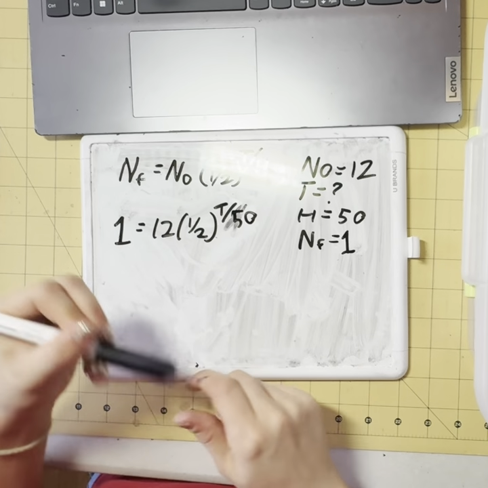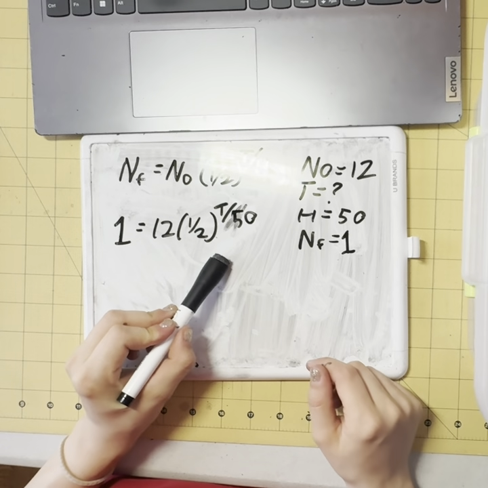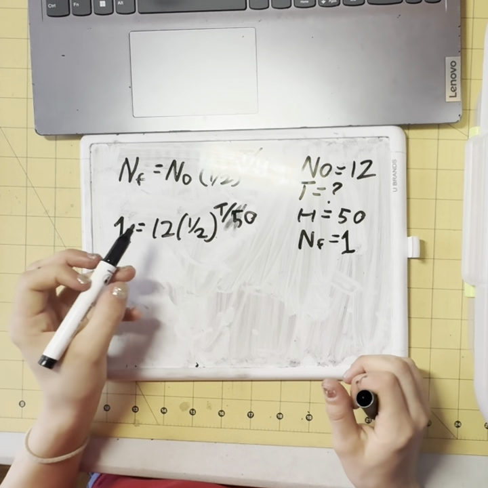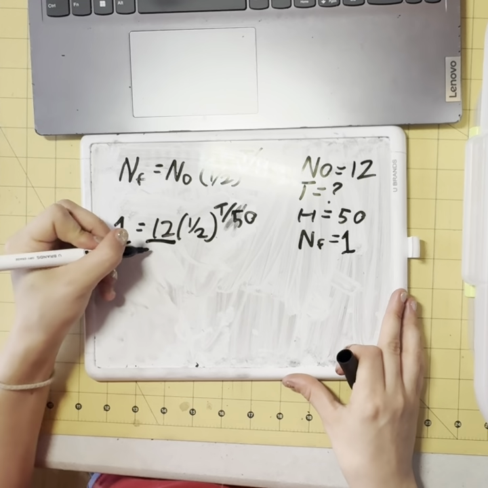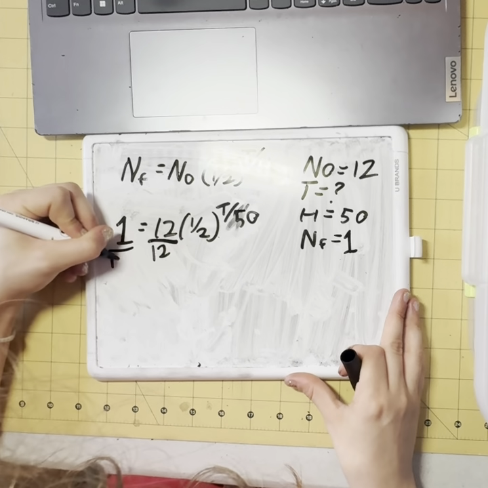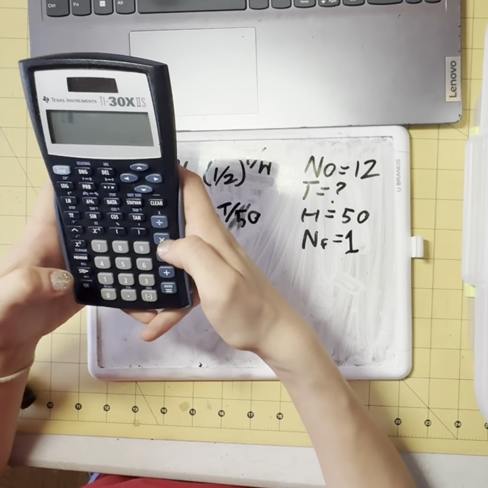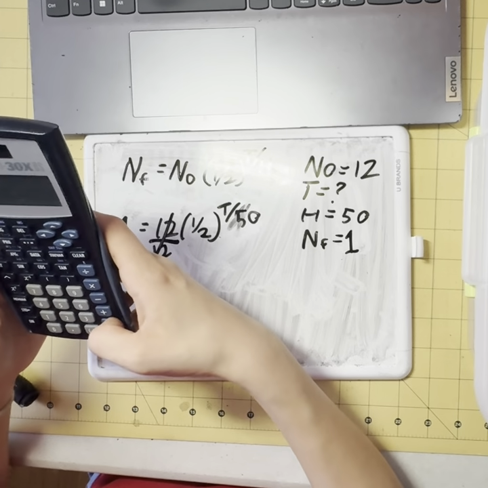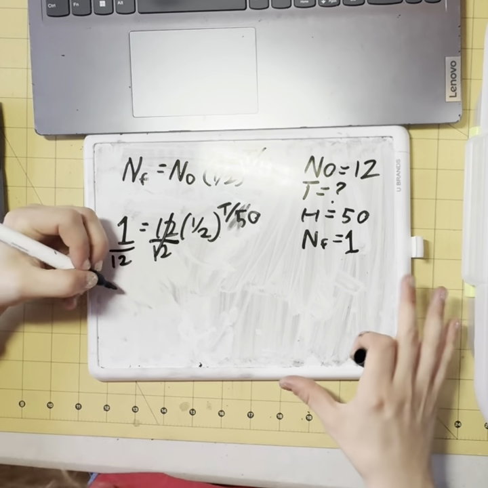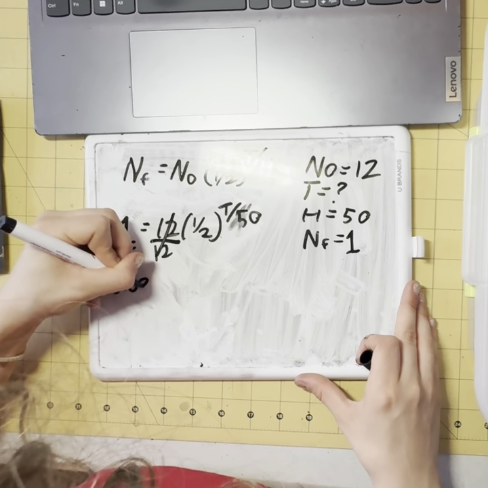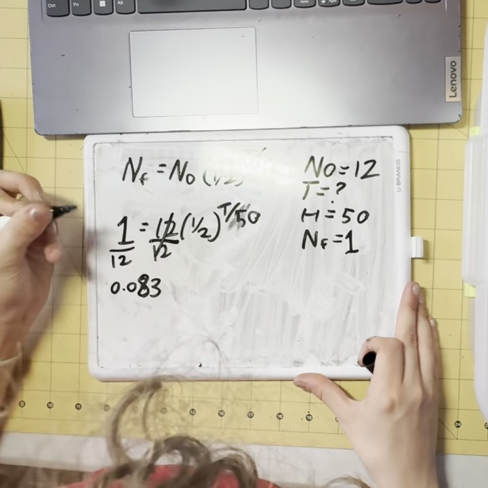Personally, we want to get T by itself. So what I'm going to do first is get rid of the numbers that I know I can get rid of. So I'm going to divide both sides by 12. Cross this out. Now 1/12, I'll do that on my calculator because I can't remember off the top of my head, is equal to roughly 0.083.